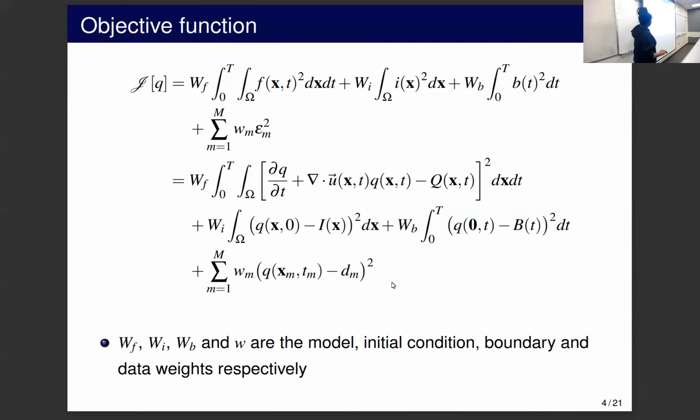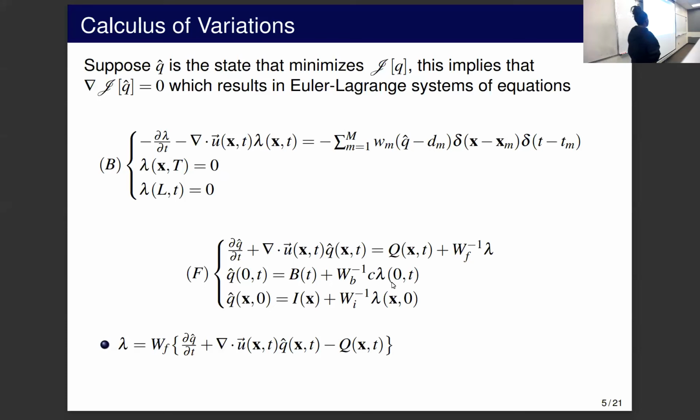To minimize this cost function, we use calculus of variations, and in this we assume that q hat is the optimal state that minimizes the objective function in terms of q. If q hat is the minimizer of that objective function, it implies that the gradient of the cost function with respect to q hat is equal to 0.